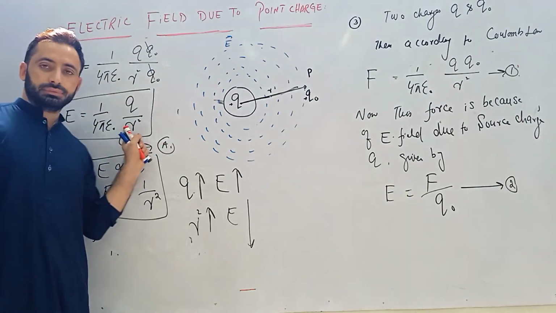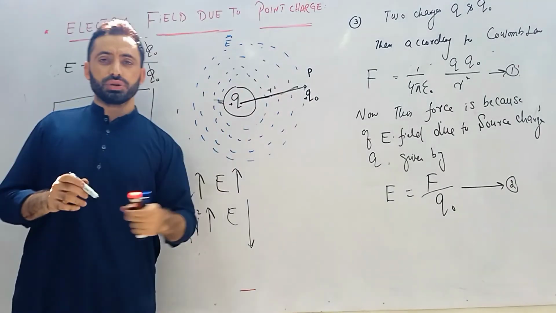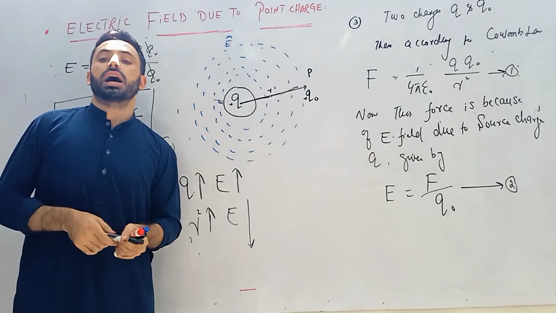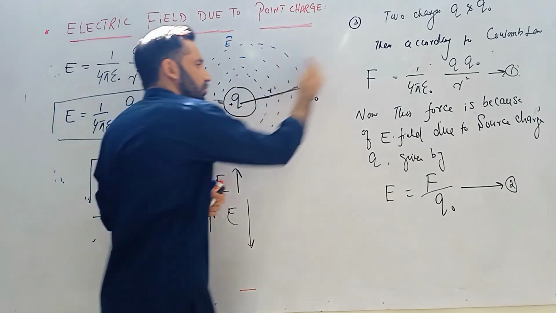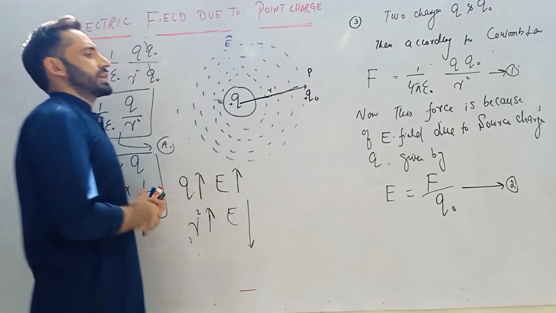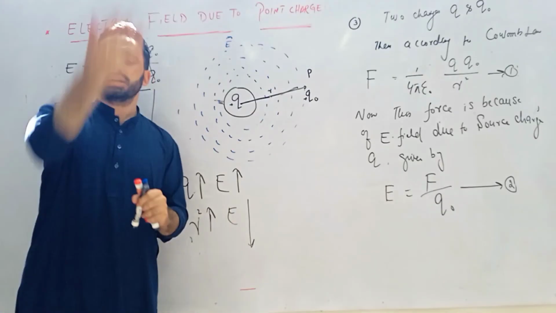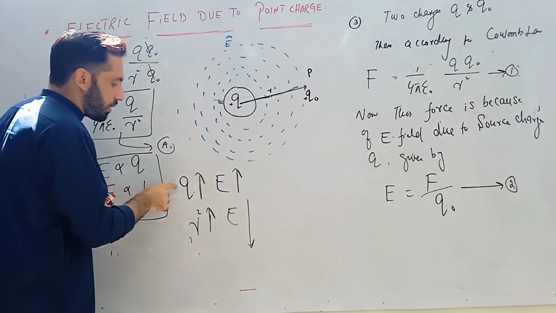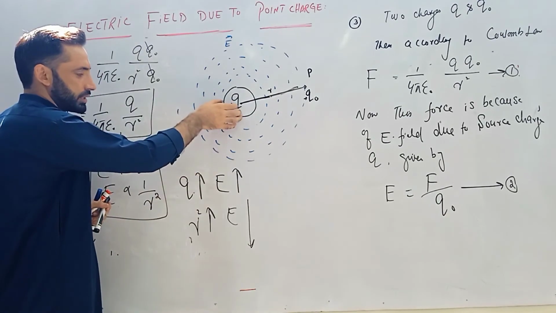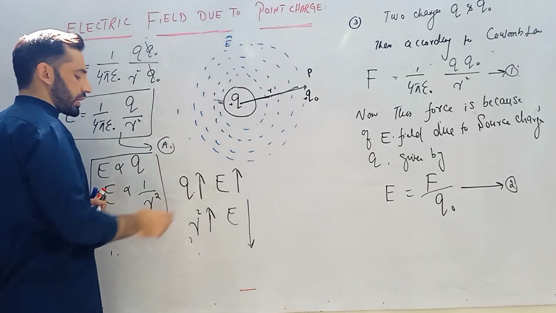R square times, experimentally. If the magnitude of charge increases, the electric field will increase. Smaller magnitude means smaller field, larger magnitude means larger field. If distance increases, the field decreases.